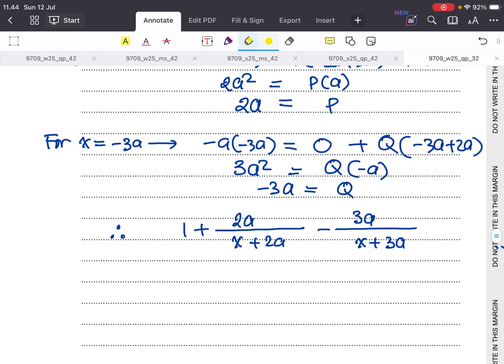So the final answer will be 1, remember 1 is the quotient of the division, plus 2a over x plus 2a and minus 3a over x plus 3a. 2a is the value of p and then negative 3a is the value of q.